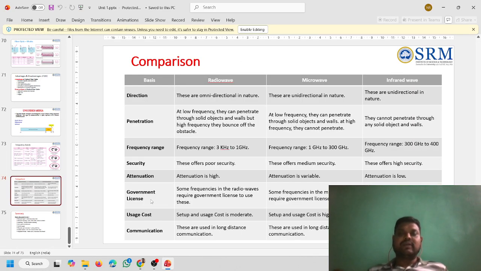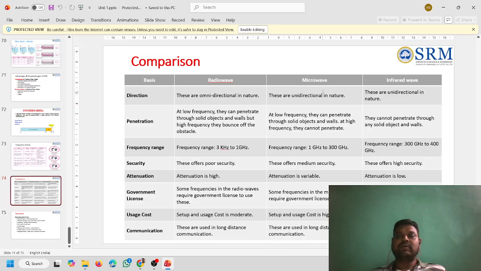And here is the comparison about various unguided media, radio waves, microwaves, infrared waves, right? So radio waves, there is no direction required for radio waves. It's omnidirectional. So you can transmit signal in 360 degrees and you can also receive the signals in all the directions.